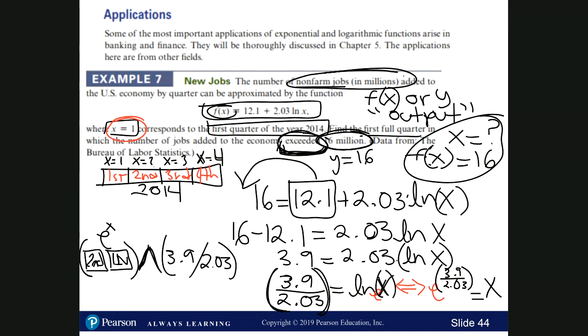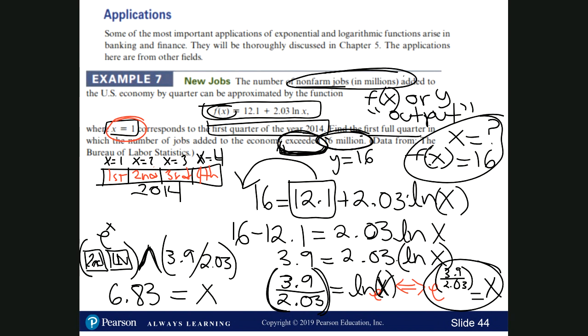So I'm going to go ahead and find that on my calculator. You should do the same thing so that you can check your answer. So e to the power x, and then I will have 3.9 divided by 2.03. And that will give me from here x is equal to 6.83 if I was to round to 2 decimal places or to the nearest hundredth.